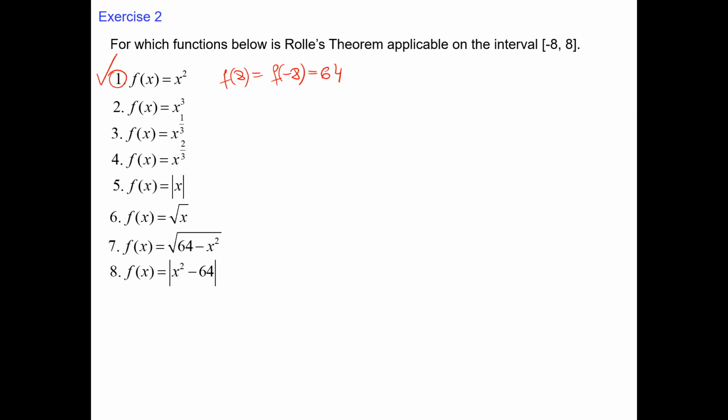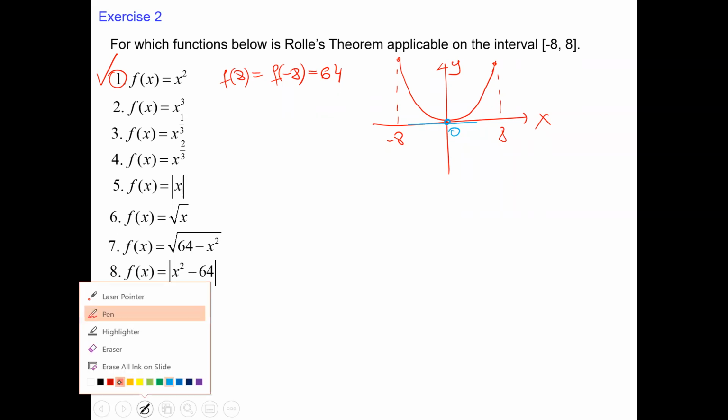We don't have to draw it. That's our best friend. Value for -8 and value for +8, and you can even say that this number is 0. Derivative at 0 is 0.